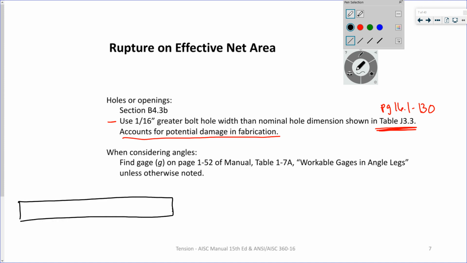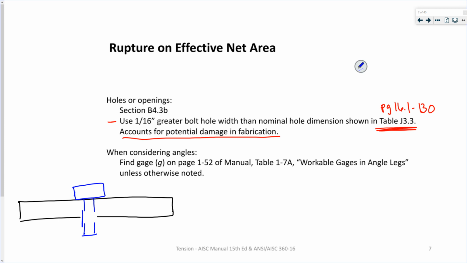And I need to put a 3/4 inch diameter bolt, right?